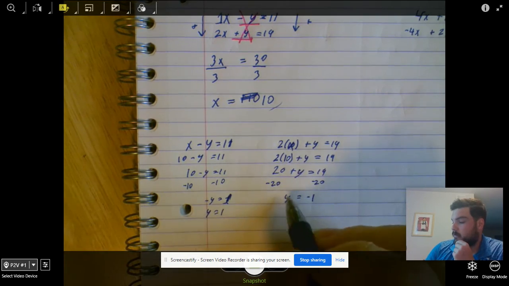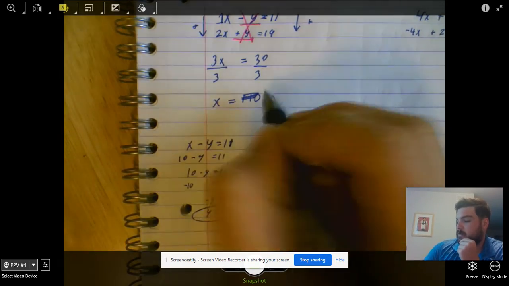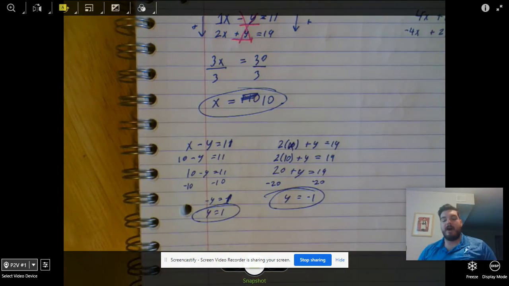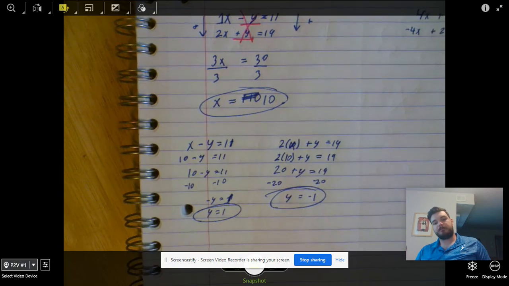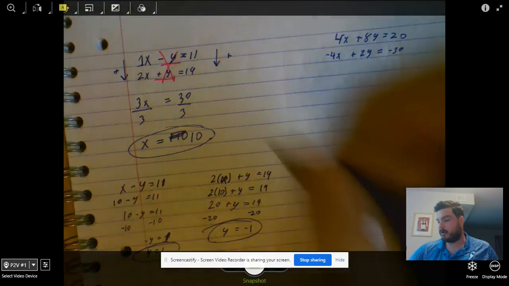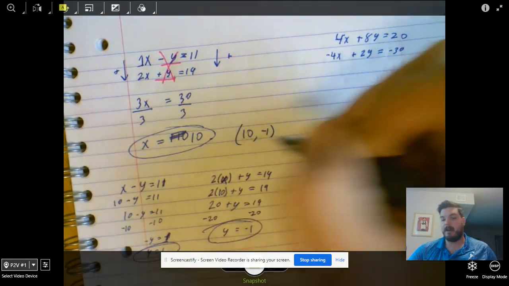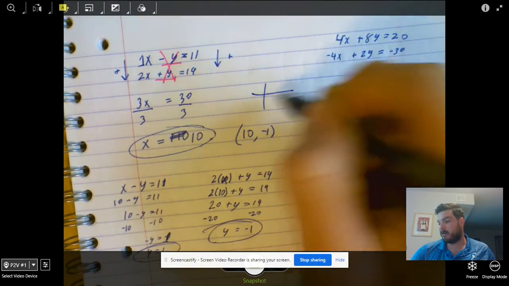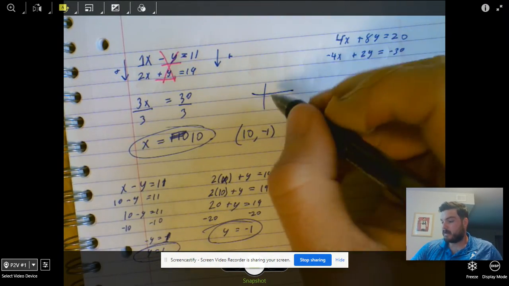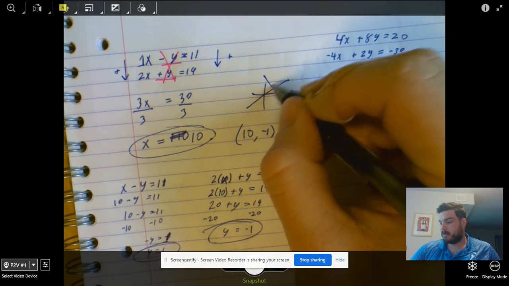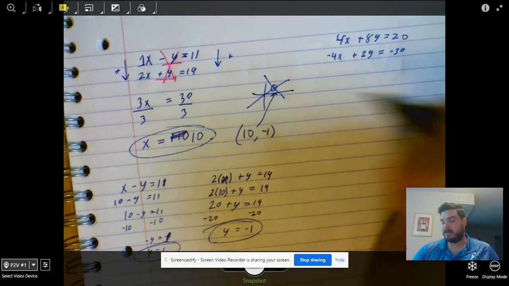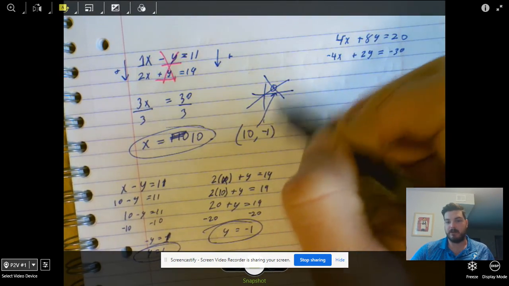So when I put in an equation and ask for a solution, that is what we're asking for. So our answer is literally 10, negative 1. And when we see it on the graph, if there are two lines, that point represents it. Not saying that those are correlated at all.